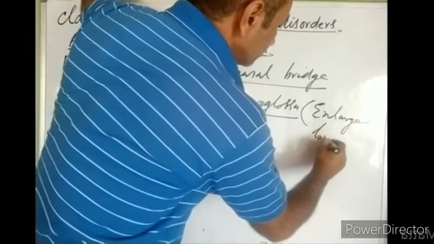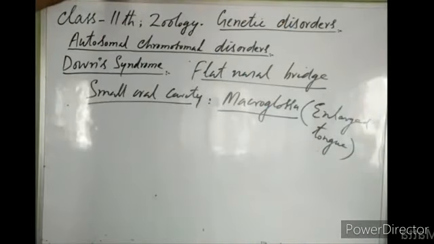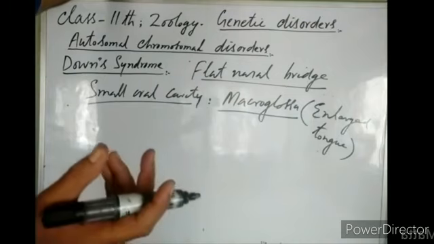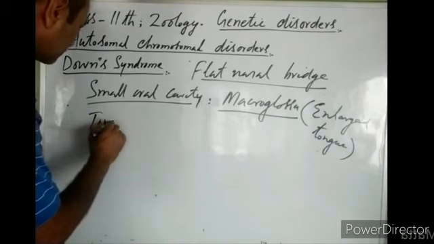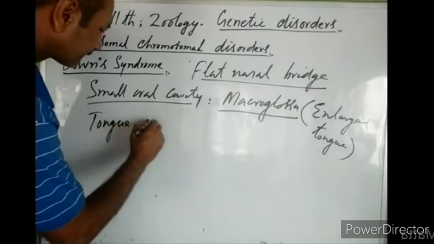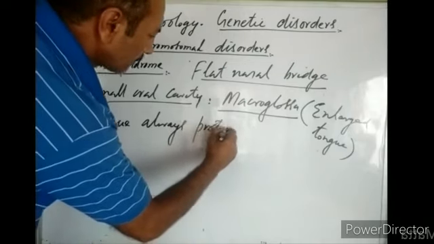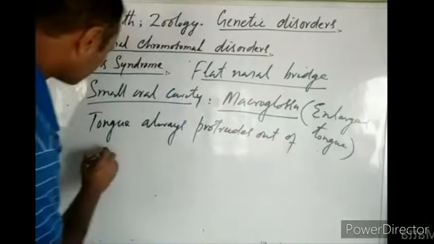So the oral cavity is small and the tongue is enlarged. What will be the result? The tongue is not accommodated in the mouth, and it always protrudes out of the mouth.